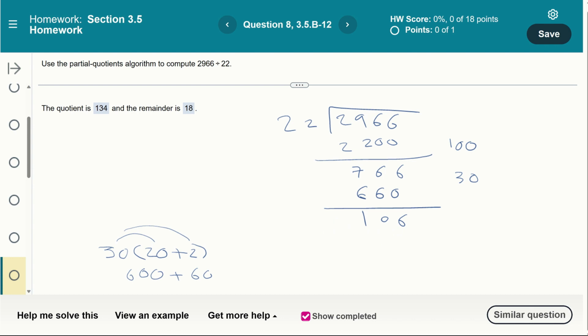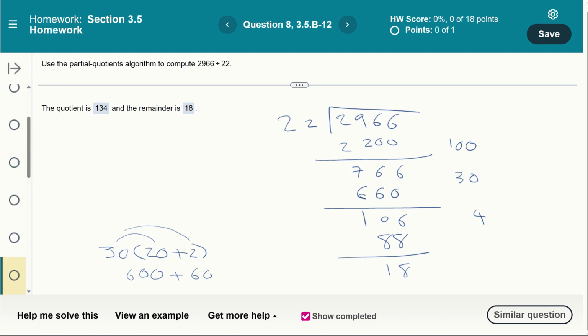All right, now we know that 5 22s would be too much because that would be 110. So we can try 4. That gives us 88. And we go ahead and subtract. 8 from 16 is 8, and 8 from 9 is 1.